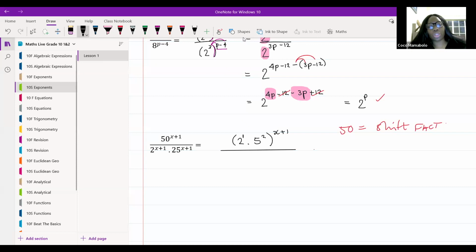Right. Good. Then we're going to go to the bottom and we're going to have 2 to the power of x plus 1 times, how else can we write 25? Good. That's it. 5 squared. So I'm going to open brackets and I'm going to go 5 squared to the power of x plus 1. Now remember, guys, if the number on the top has more than 1, each of them needs to be multiplied.